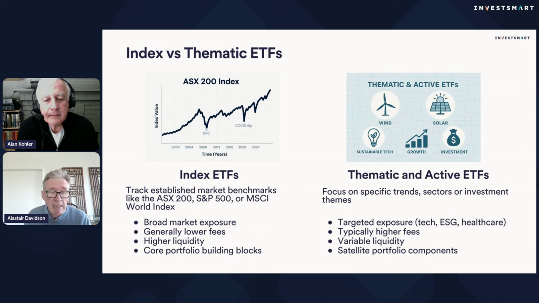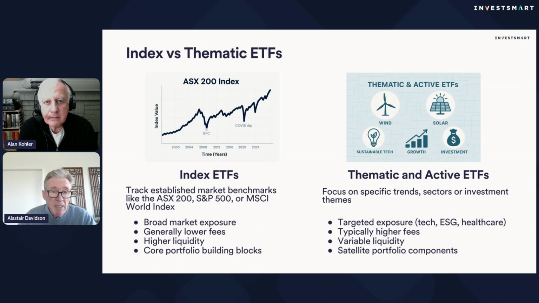Those are ETFs that will buy all the constituents of the market. So if you buy an index ETF issued by, say, iShares, IOZ, it will have 200 shares in that unit trust. And you're buying a portion of those 200 shares when you buy an ETF that's listed on the ASX.